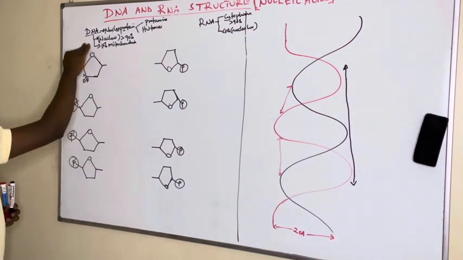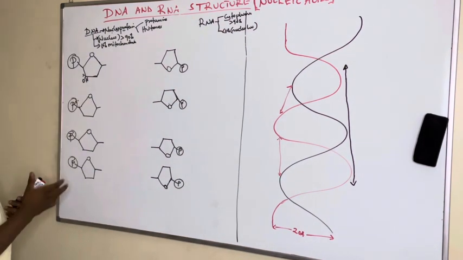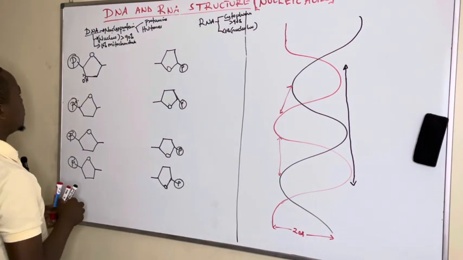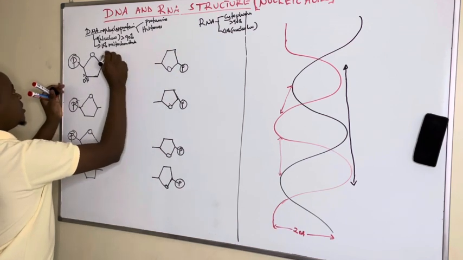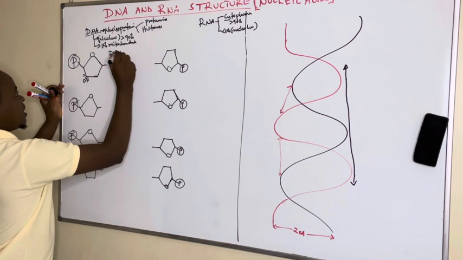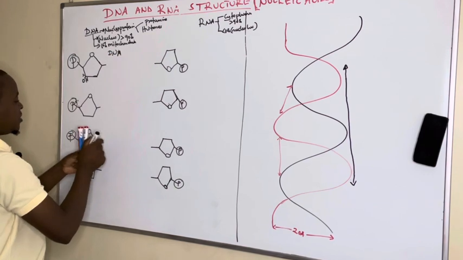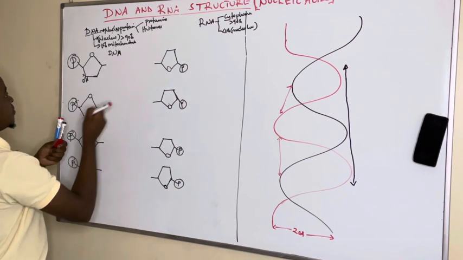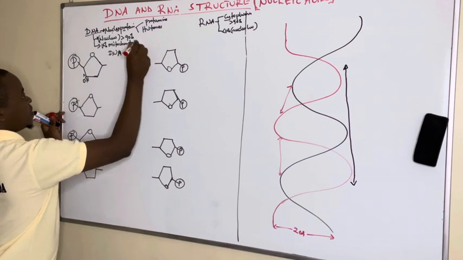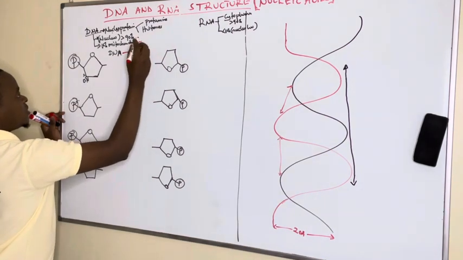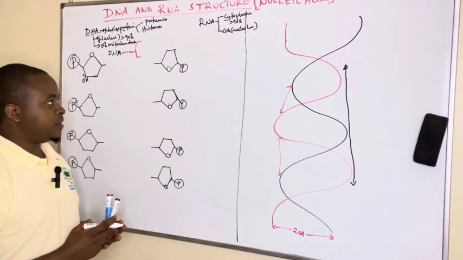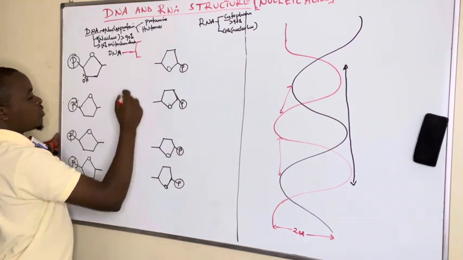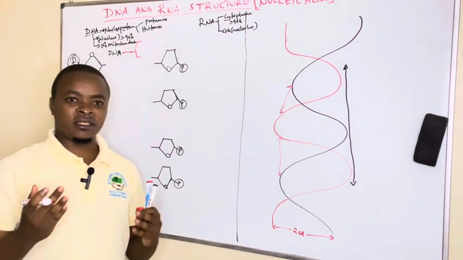So DNA, which we want to discuss, and RNA, especially DNA, is made up of nucleoproteins, and these nucleoproteins are made up of polymers of nucleotides. That's why we call it a polynucleotide molecule.